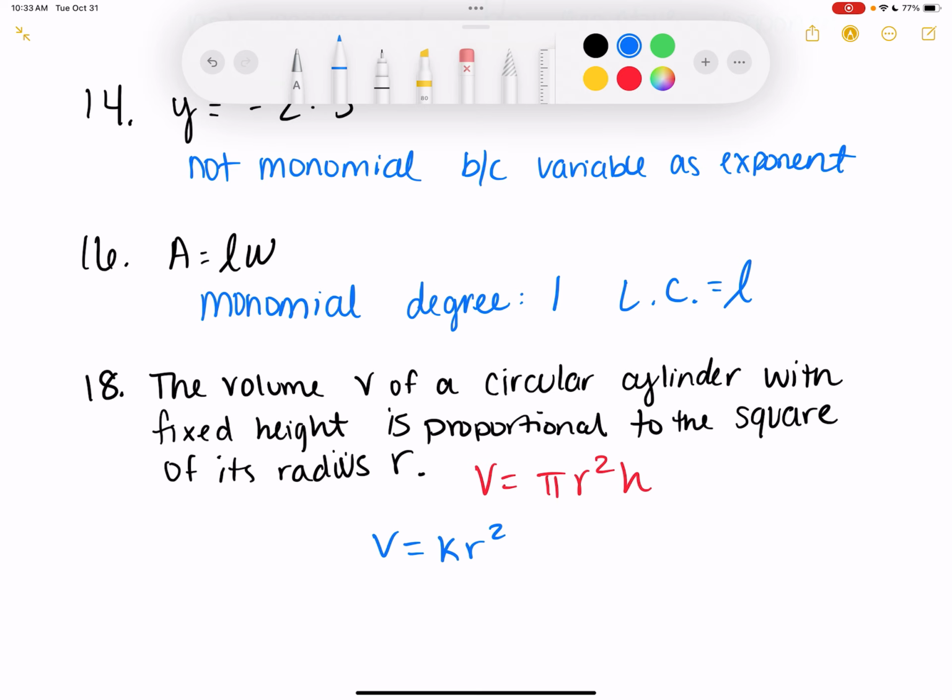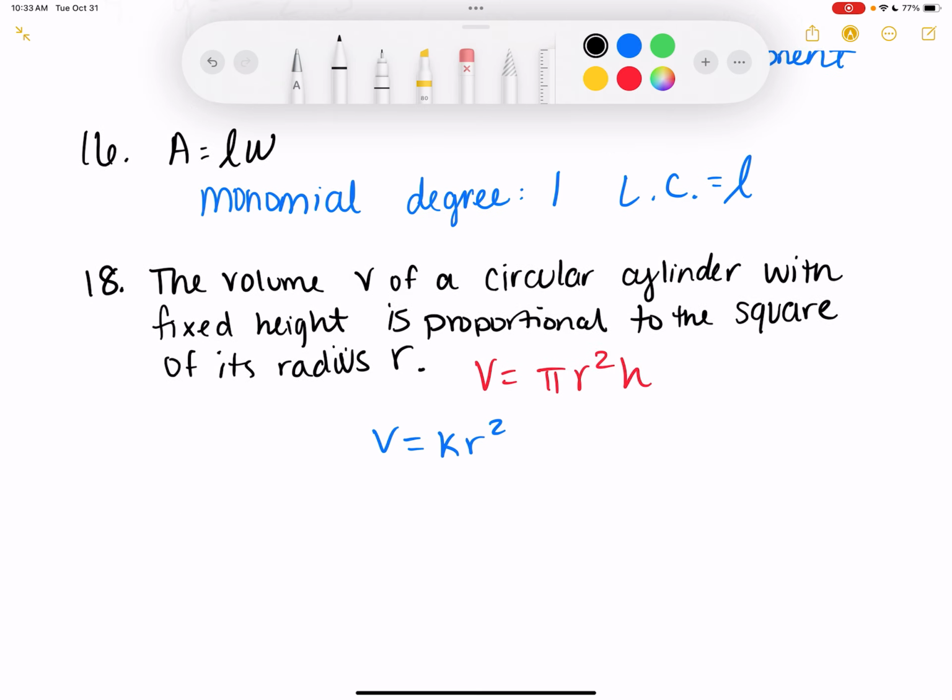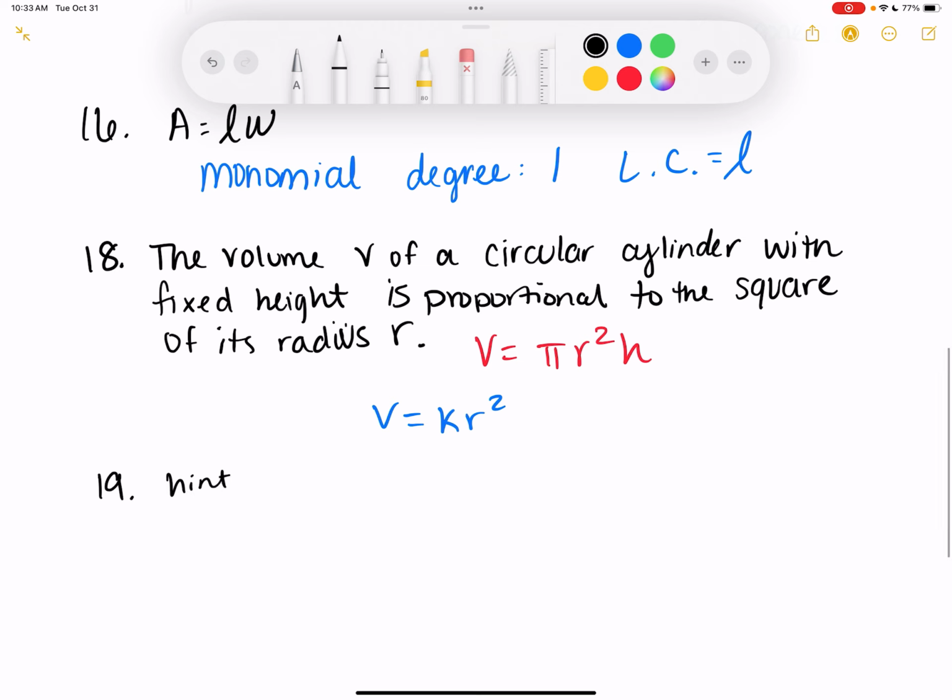I'm going to give you a hint for 19. It's similar to this, but you're not going to know the formula that it goes with. The formula for 19 that you'll need, now this isn't the answer, is V equals IR, because it's for electric current. The only problems that you will need out of this little chunk of word problems are the odd problems, other than the one that I just did for you, volume.